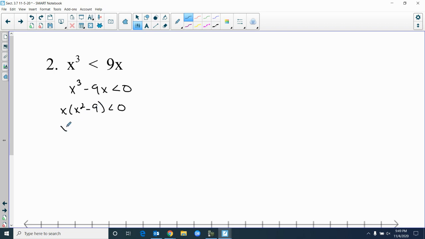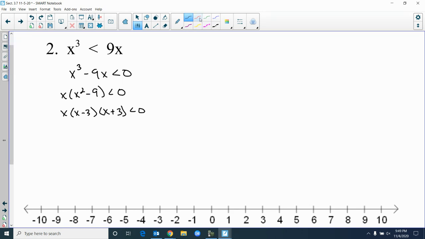Well, x squared minus 9 factors again into negative 3 and positive 3. We want to know where it's going to equal 0. Well, here we got 3 cases. When x equals 0, and if I solve the others, I get x equals 3, and then I get negative 3.